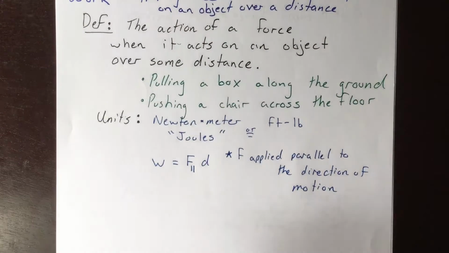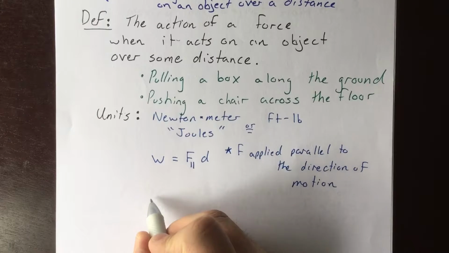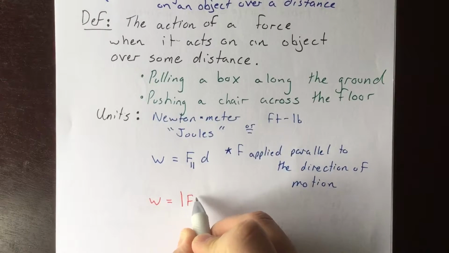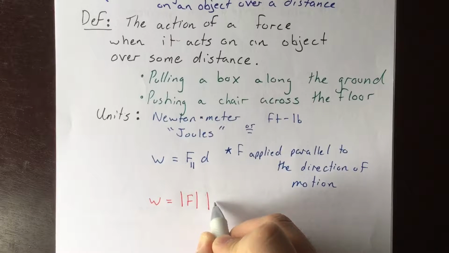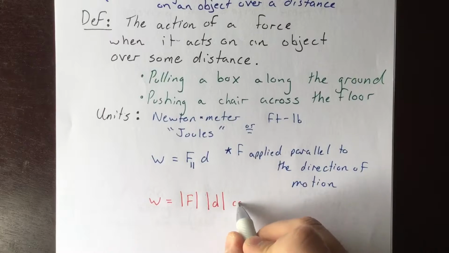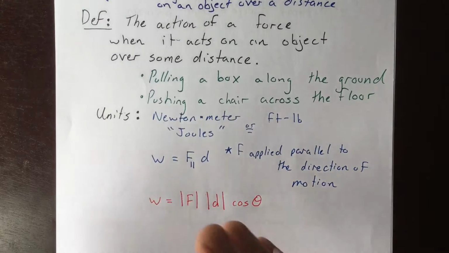Okay, so imagine you're pulling a box with a string. You're not going to pull the string close to the ground. You're going to be pulling the string closer towards your waist. So if the force is not parallel, we have this version. The magnitude of the force multiplied by the magnitude of the distance vector, typically you just know the distance, and then multiplied by the cosine of the angle in which the force is being applied.